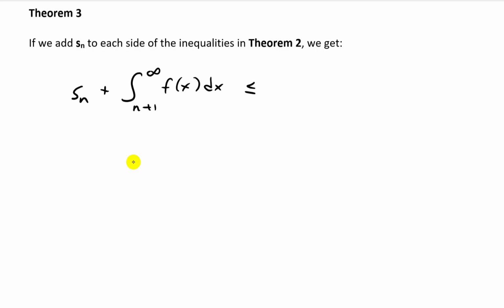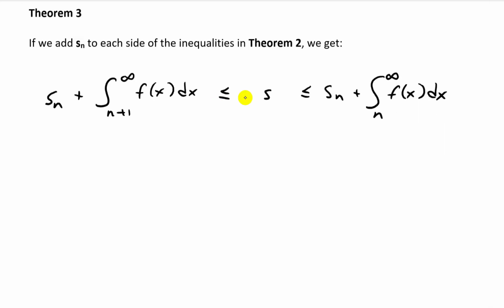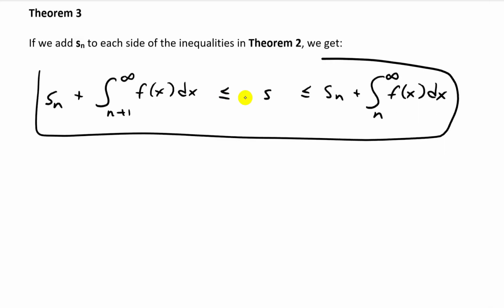Then this can be less than or equal to S as opposed to Rn. This can be less than or equal to Sn plus the integral from n to infinity of f of x dx, like that. And I'll just box this whole thing out.